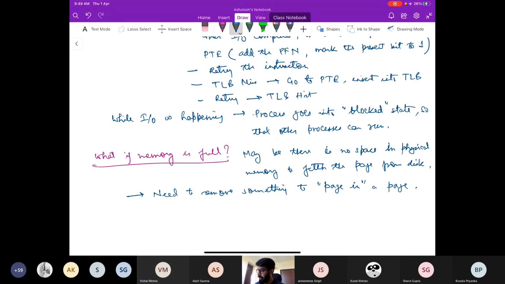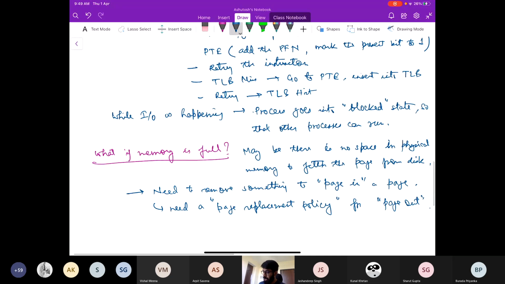And for that, we need what is called a page replacement policy, for page out, to find which page goes out, right?